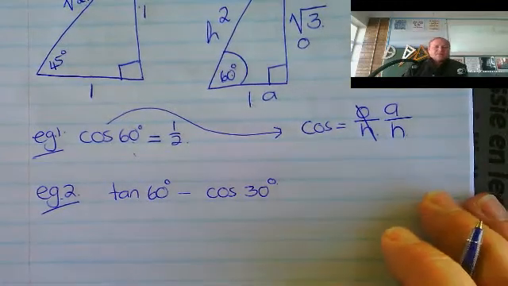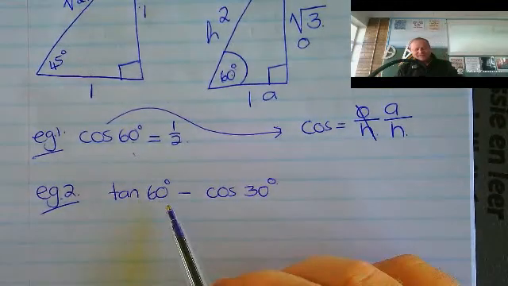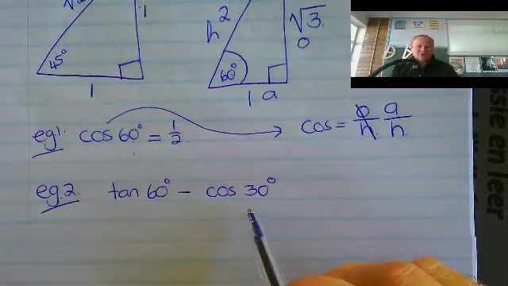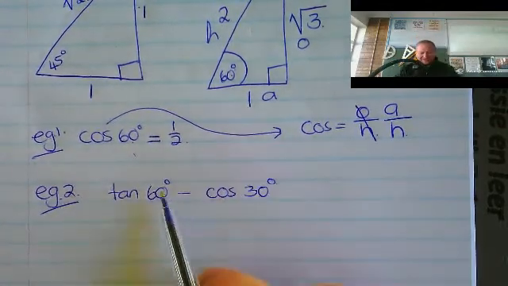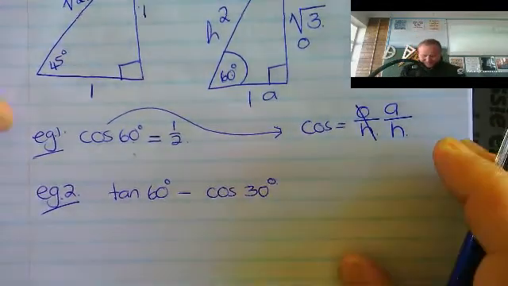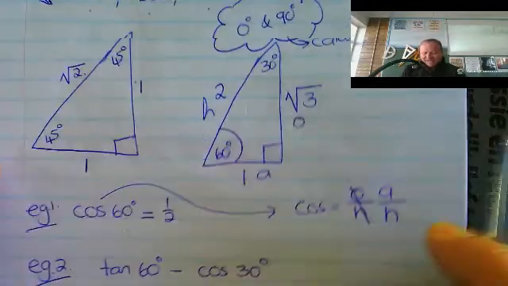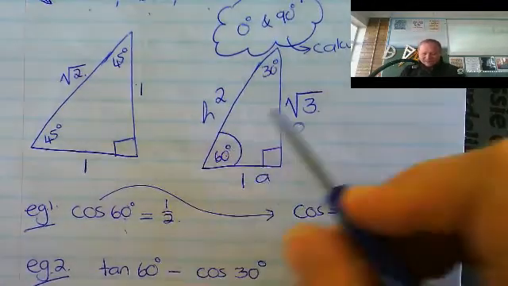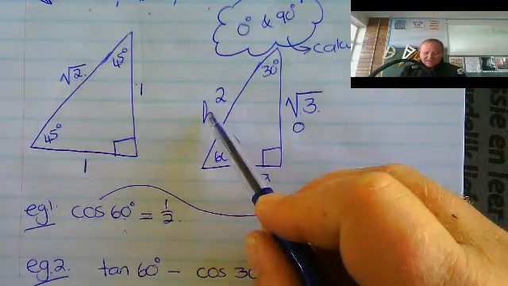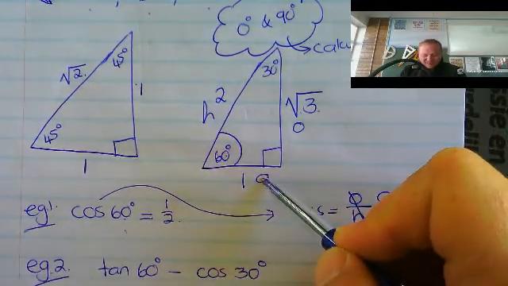Here's a question. They want to know what is the tan of 60 degrees minus the cos of 30 degrees. The first thing is special angles. So I must go and stand in the 60-degree angle. So this will be my opposite, hypotenuse and adjacent side.